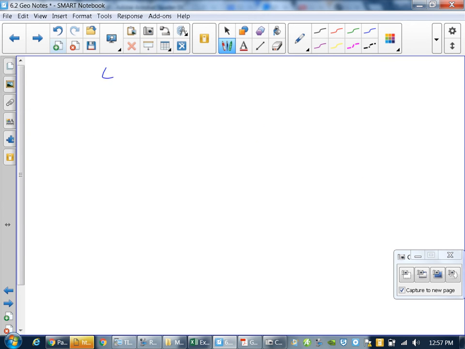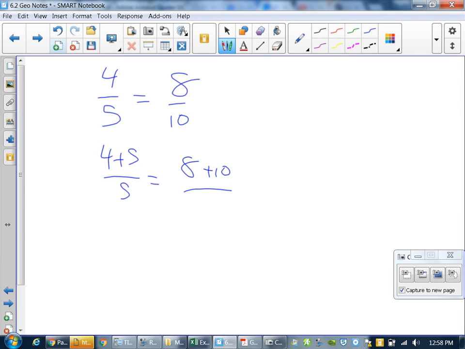Watch this. If you have 4/5 and that equals 8/10, I just doubled it, okay? Now, if I add the bottom to the top, you get 4 plus 5 over 5. Add the bottom to the top, you get 8 plus 10 over 10.